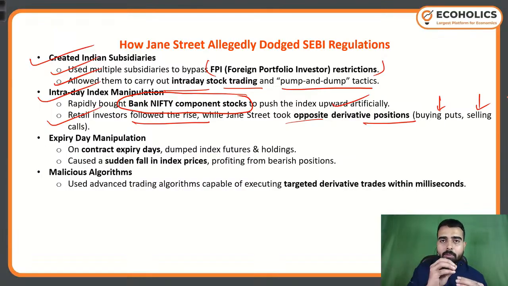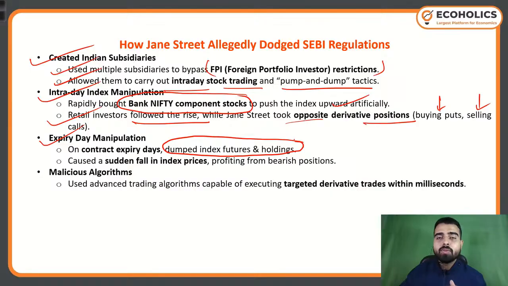First they manipulated the cash segment via intraday trading, and then they went to the F&O segment. Over there, they took opposite derivative positions. They bought the put options, they sold the call options, and from there they made huge profits. On contract expiry days, they dumped index futures and holdings.